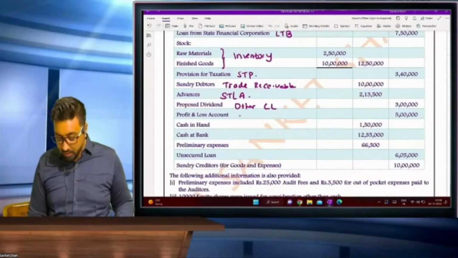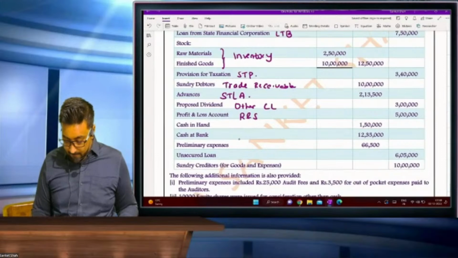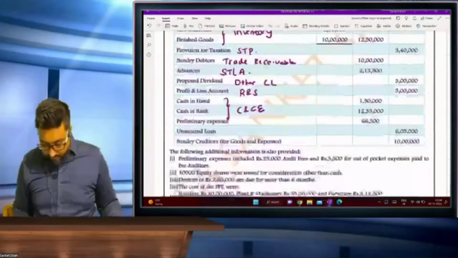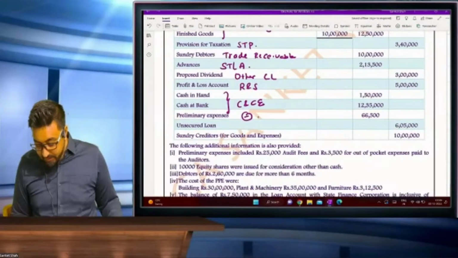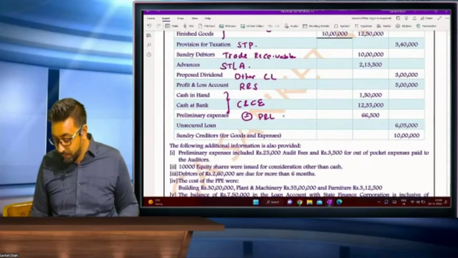Profit and loss account, reserves and surplus. Cash in hand and cash at bank, cash and cash equivalent. Preliminary expenses deducted from P&L.